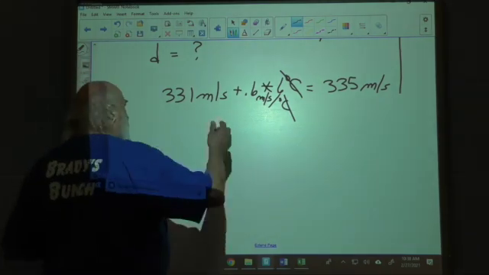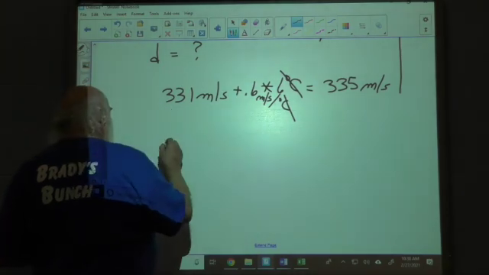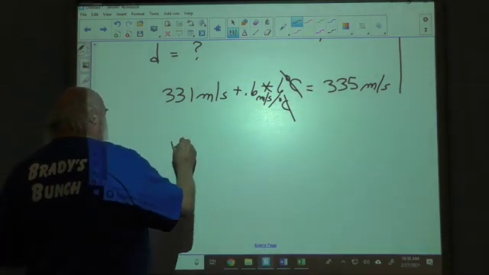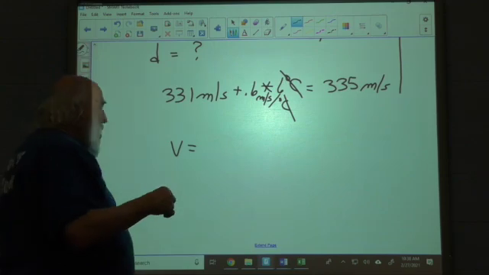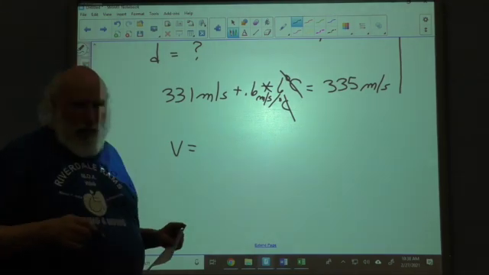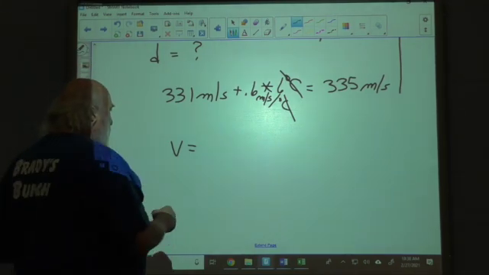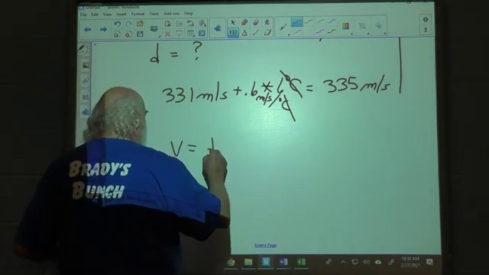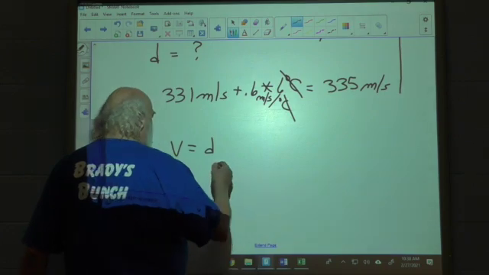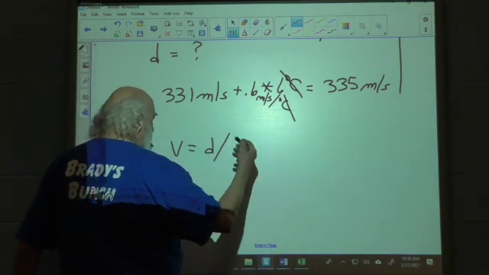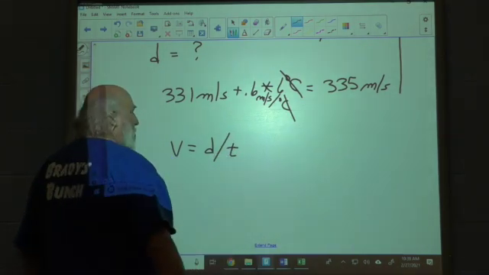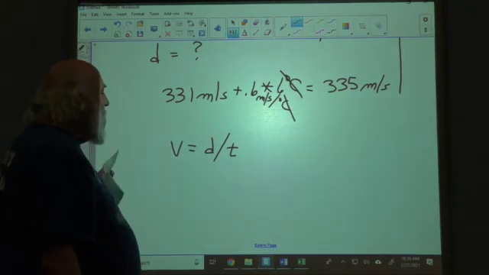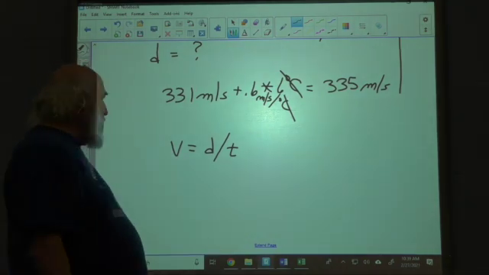And if we want to find that distance, then we're going to have to use that velocity equation that uses time instead of frequency. So instead of using wavelength times frequency, it's going to be distance, or length, divided by time.